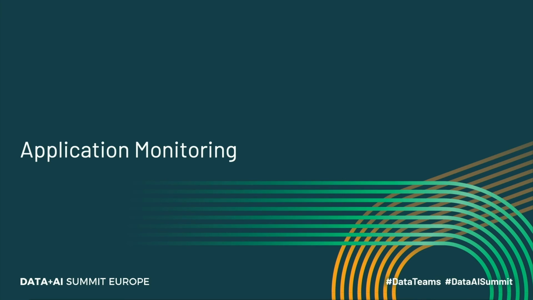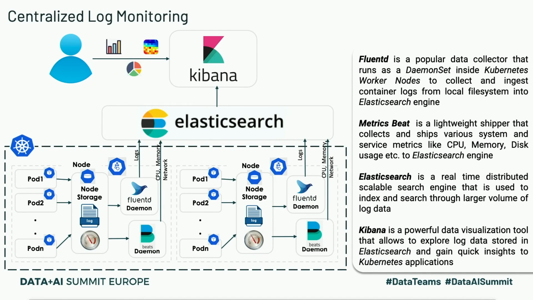Next, let's see application monitoring. Centralized monitoring for both application and infrastructure has been built using Elasticsearch, Fluentd, Metricbeat, and Kibana. Elasticsearch is a document-oriented NoSQL database that stores the logs in an inverted JSON index.